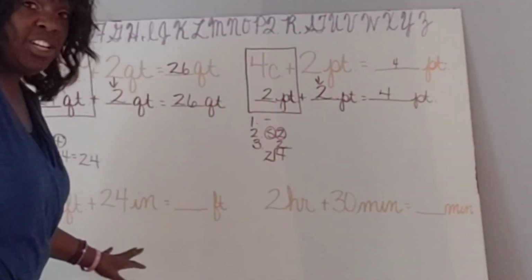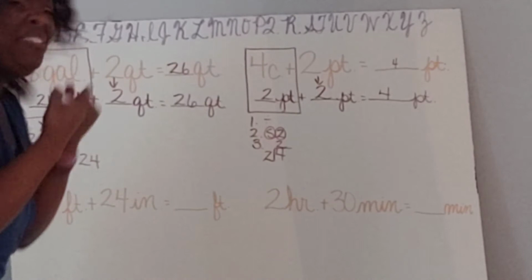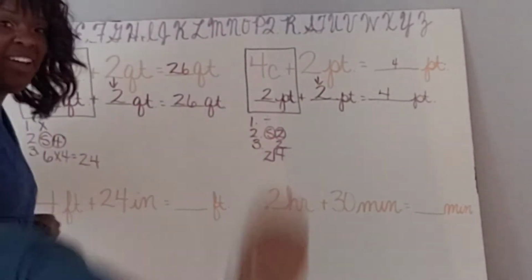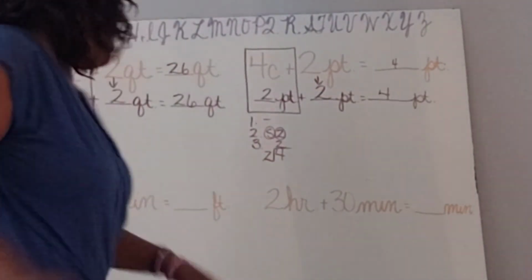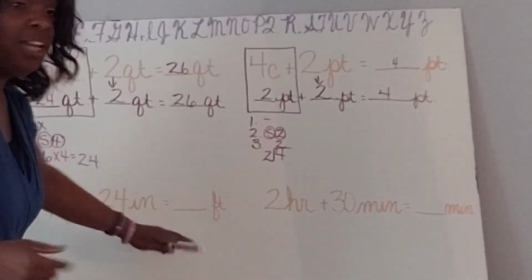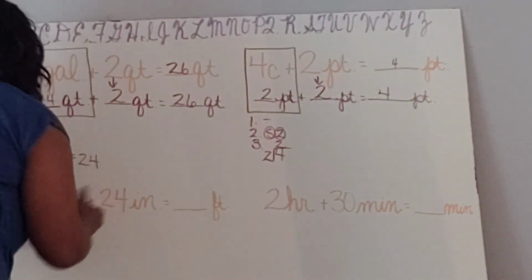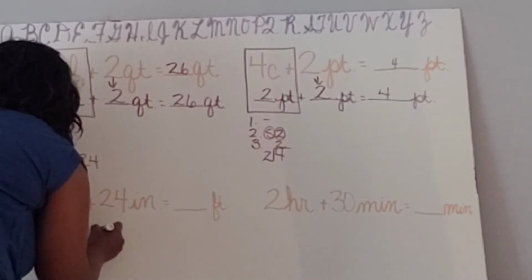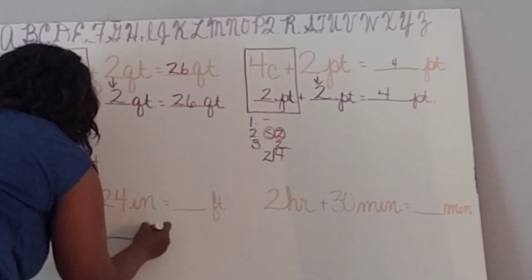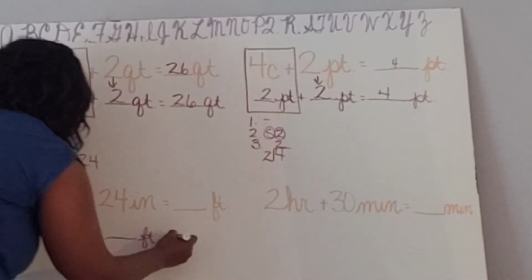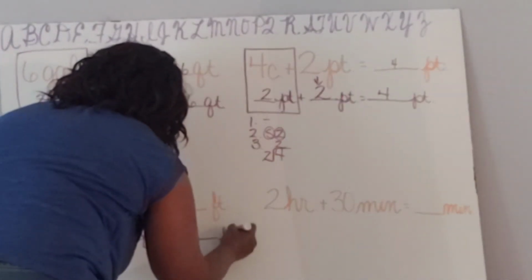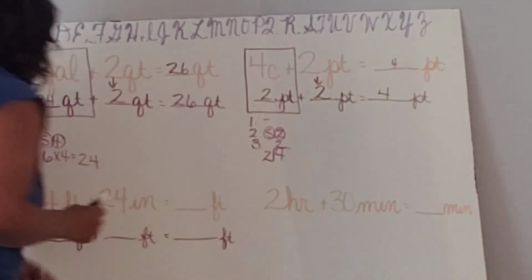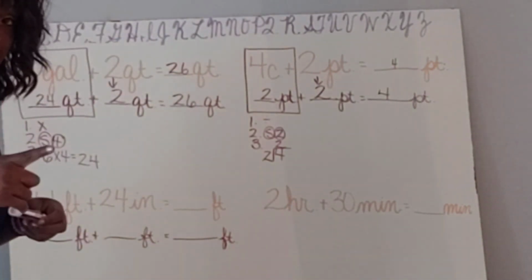All right, so the next 2 that we'll do. We have 4 feet plus 24 inches equals, my feet are missing. No, they're not. They're right there. But these feet are missing. So underneath, we write blank feet because they're missing, plus blank feet, equals blank feet, because feet are missing. Everything underneath has to be what is missing.